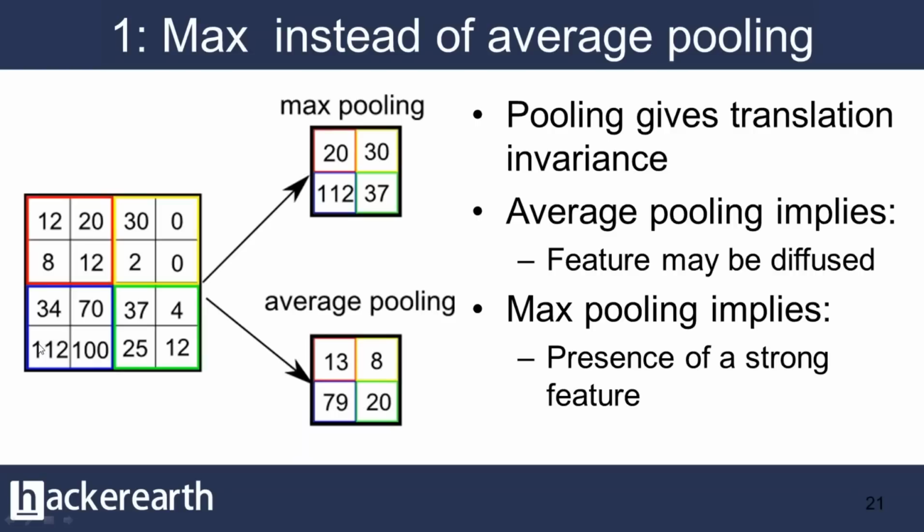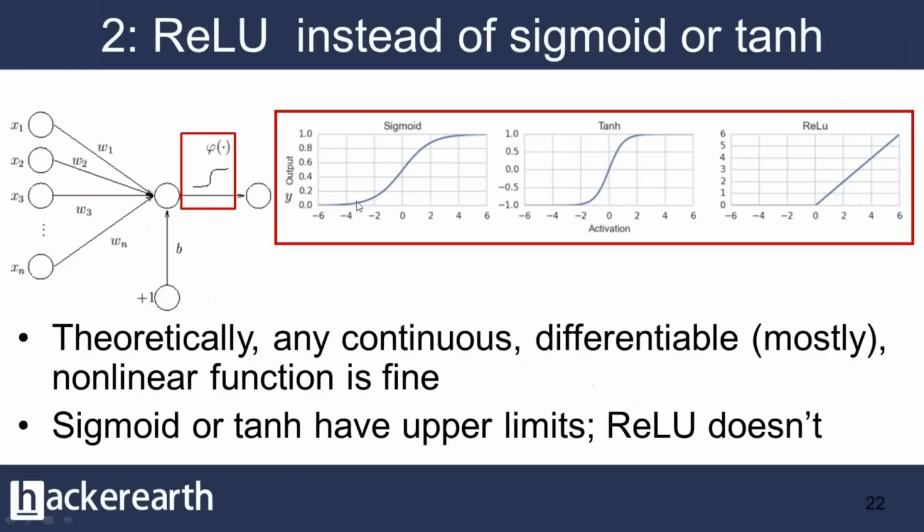What is important is whether I have really detected an eye or not, and it doesn't matter where in this neighborhood it is. I will just say that I have detected it, and I will put it in the reduced feature map.